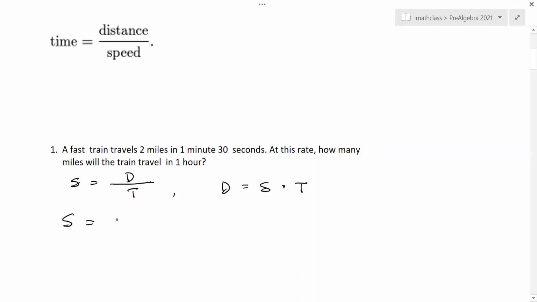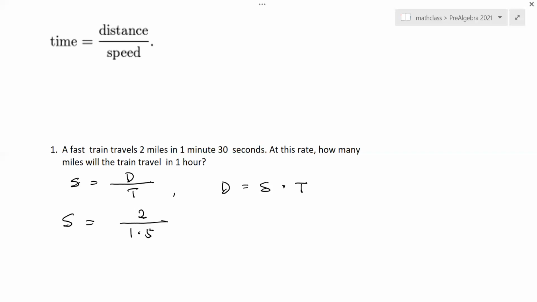So the speed is going to be 2 miles divided by 1.5 minutes. 1 minute equals 60 seconds, so it's 1.5. Then you can keep it at this moment.